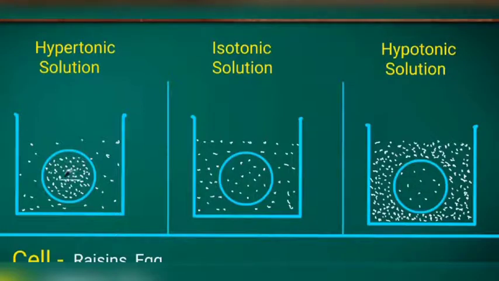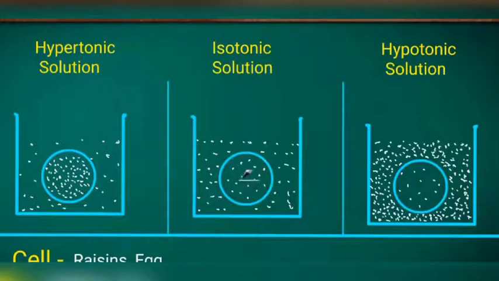All the water present inside the cell comes out of the cell, because the concentration of the solution is high, that's why it goes outside the cell. That's why the cell becomes shrunken.